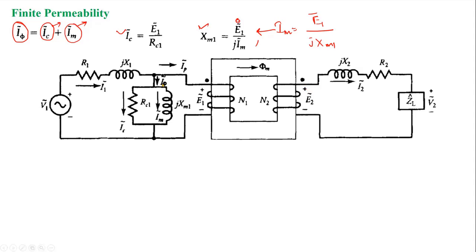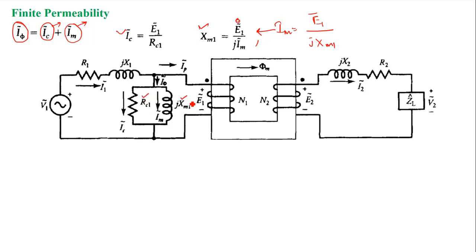So we'll talk more in detail in the next class because the time is going to be over. I'm just showing you, and next class we'll again discuss this part. So now the non-ideality in the core can be represented through two components, one is RC1 and the other one is XM1.